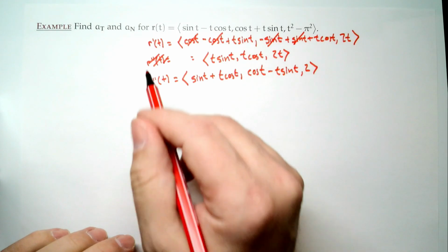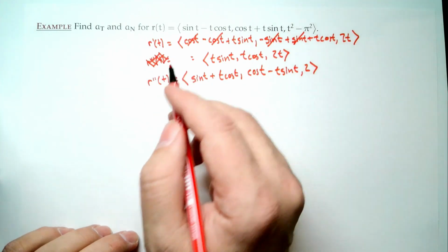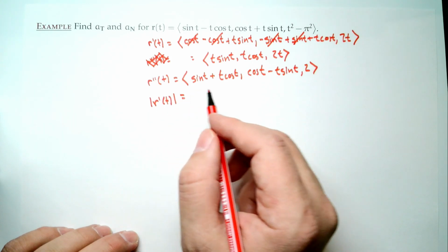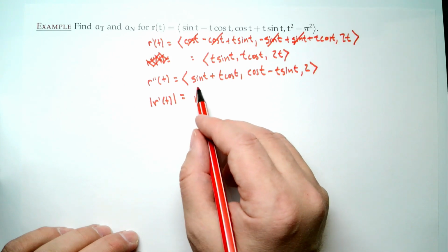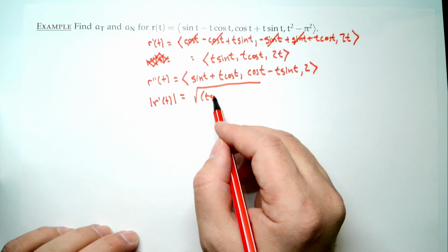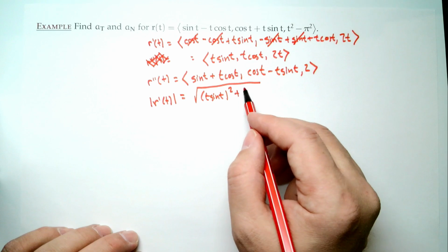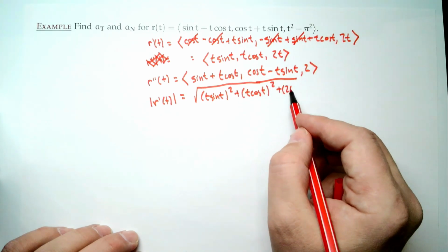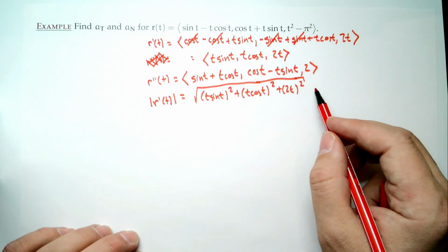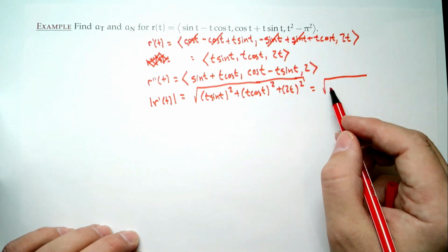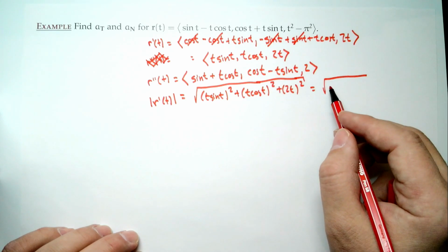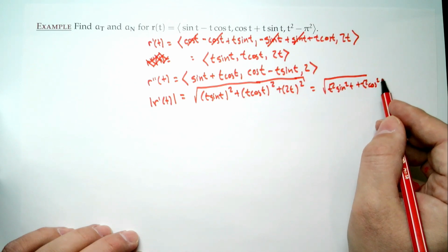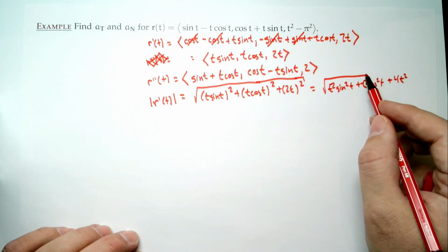Something else we should do, which is required from both approaches, is the magnitude of r prime. The magnitude of r prime is the square root of (t sine t) squared plus (t cosine t) squared plus (2t) squared, which is the square root of t squared sine squared plus t squared cosine squared plus 4t squared.